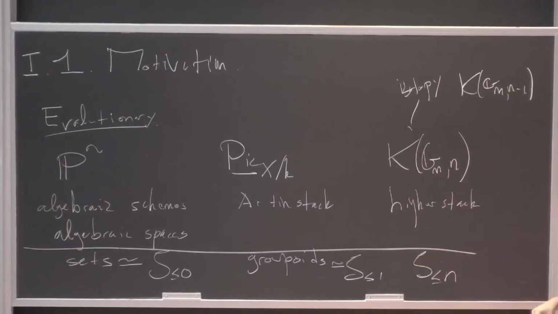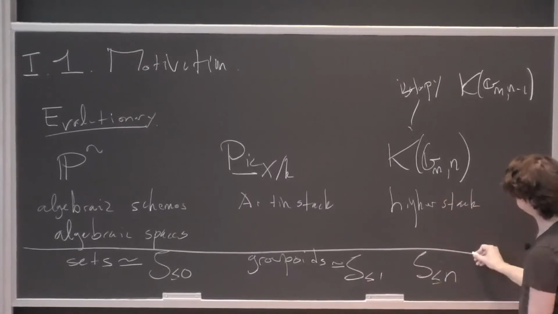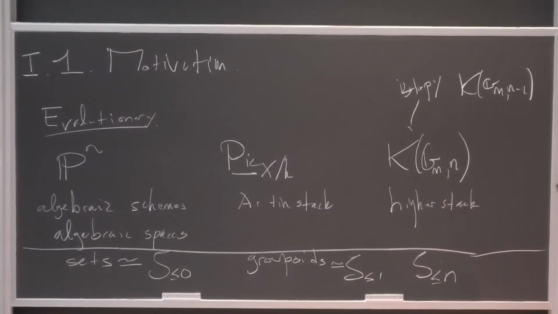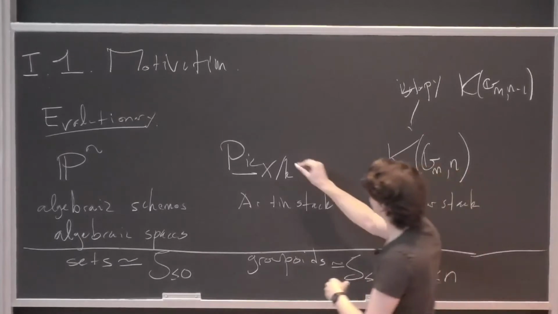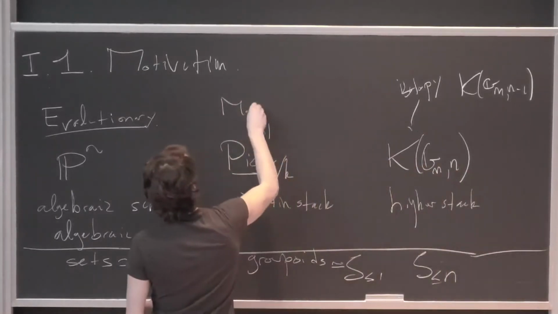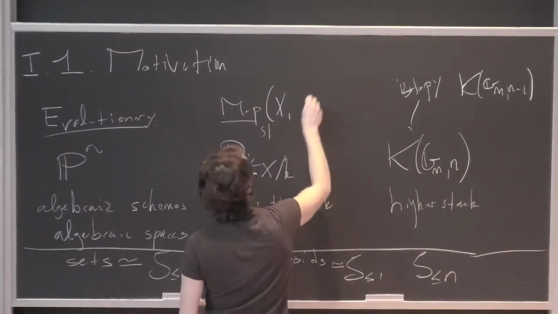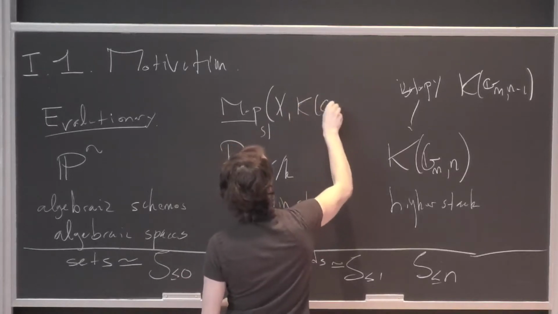And so inductively, we see higher and higher geometric objects that encode things that look geometric, but live in higher homotopy. Okay. So this, by the way, is the mapping stack from X to K(G_m, 1). Okay.